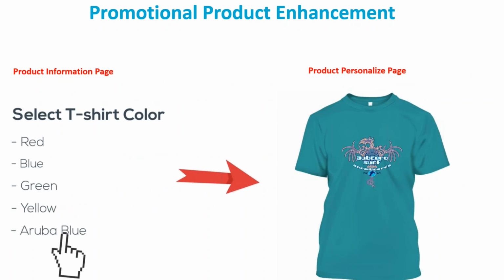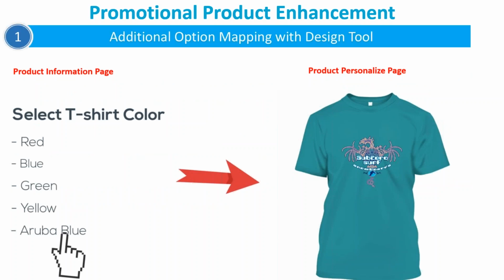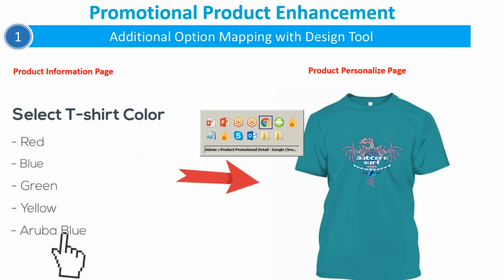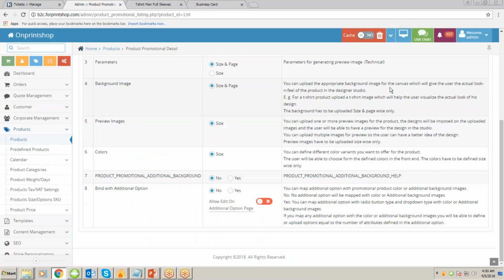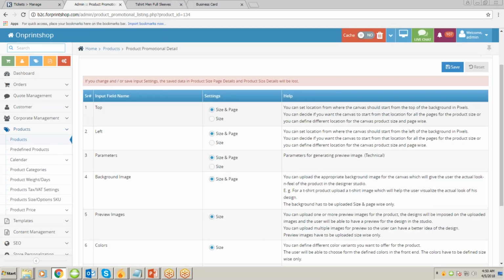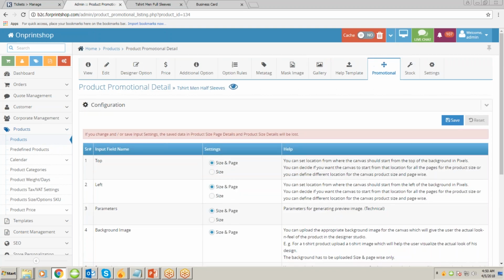First we will see promotional product enhancement, and for that we have additional option mapping with design tool. So how will it be useful to us? If we go to our admin panel, this is our promotional product of t-shirt men half sleeves.